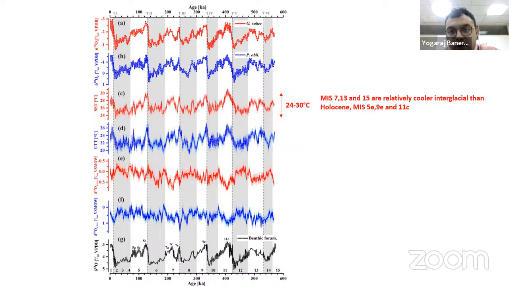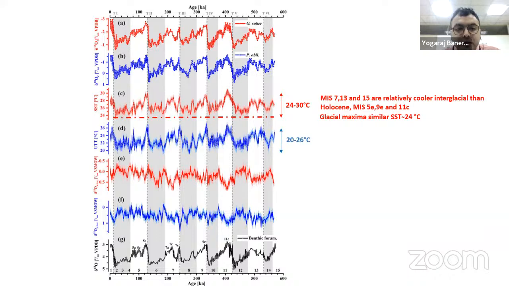This long record shows that MIS 7, 13, and 15 are relatively cooler interglacials than the Holocene, MIS 5E, 9E, and 11C, which are the warmer interglacials. And the glacial maxima, in terms of SST, registered a similar temperature throughout. It is around 24 degrees Celsius.